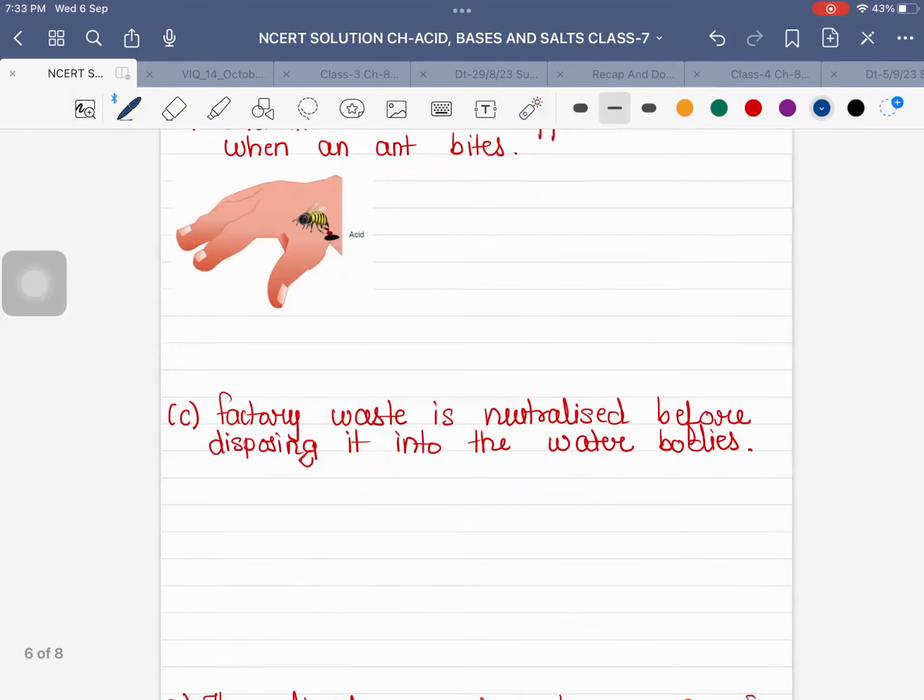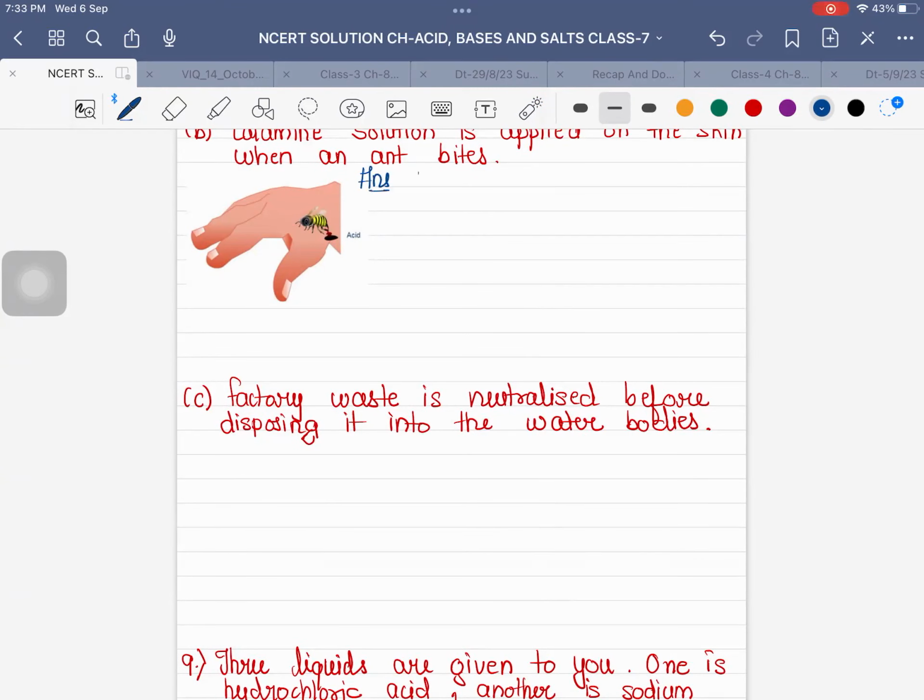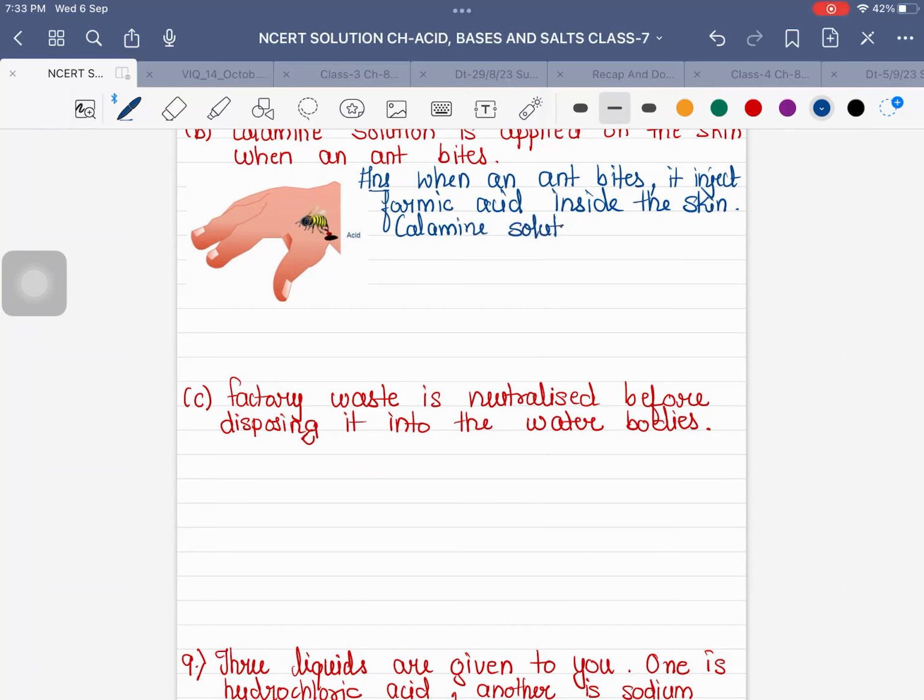So same reason as the previous one, when an ant bites, it injects formic acid, which is also called methanoic acid, inside the skin, and calamine solution consists of zinc carbonate, which is a base, which is basic in nature.